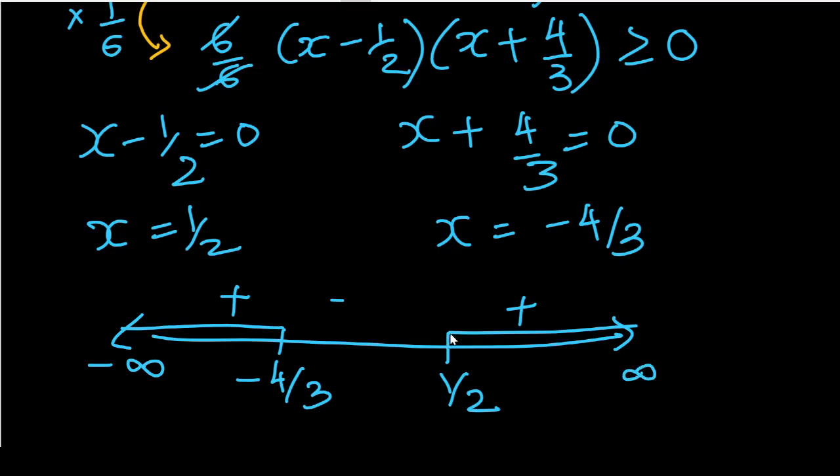Since the question is asking for greater than or equal to, we include both points, which is the same as if you directly equate 2x minus 1 to 0 and 3x plus 4 to 0. You can get this directly instead of me using this.